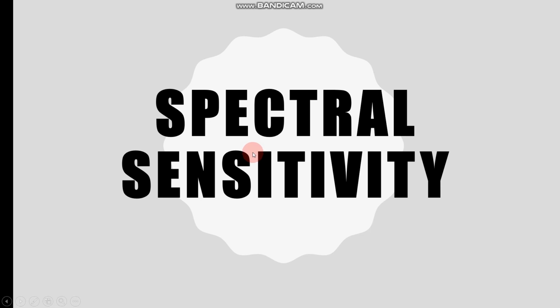Kasi each film may kanya-kanya lang yang kayang i-capture na light dun sa ating electromagnetic spectrum. Kaya lang ba niyang i-capture within the visible spectrum, which is the colors of red, blue, and green? Kaya niya bang magamit sa X-ray, sa UV, or sa infrared photography yung film? So, yun yung tinutukoy natin na spectral sensitivity.